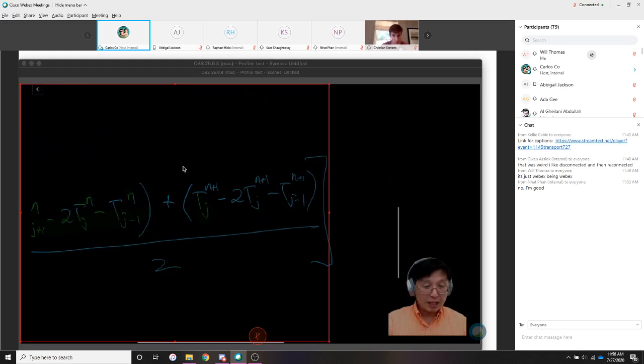So we are expressing exactly the same finite difference at the next time that you want, and then taking the average. There's your 2 there. And that's it.